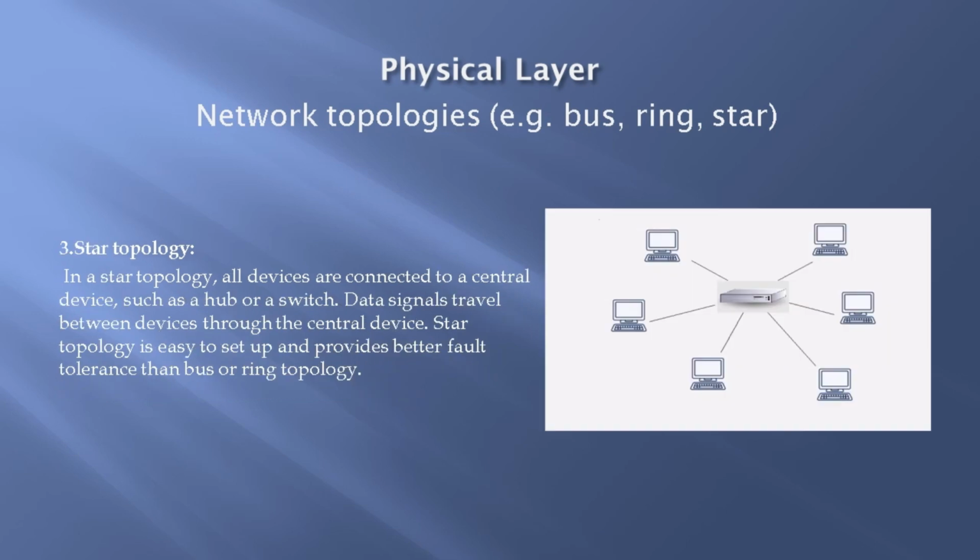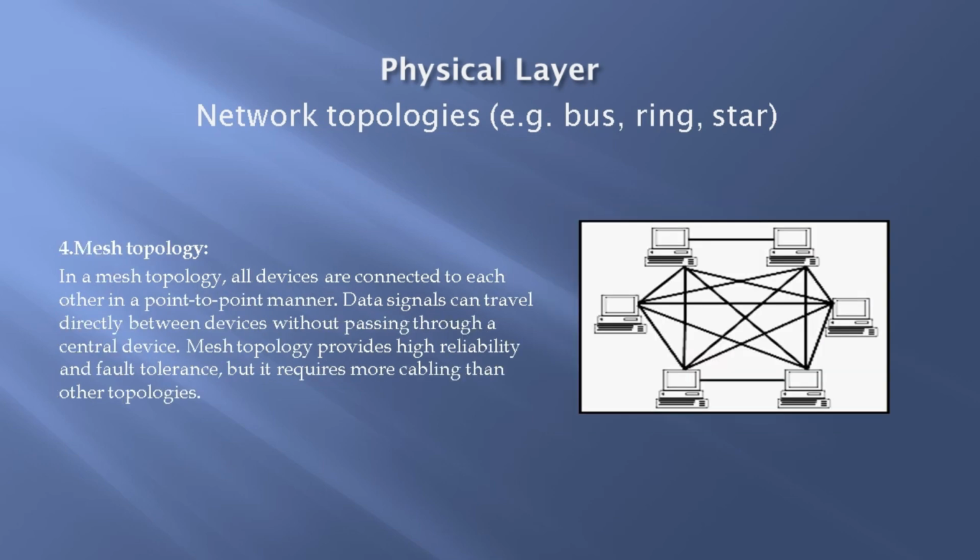3. Star topology. In a star topology, all devices are connected to a central device, such as a hub or a switch. Data signals travel between devices through the central device. Star topology is easy to set up and provides better fault tolerance than bus or ring topology. 4.